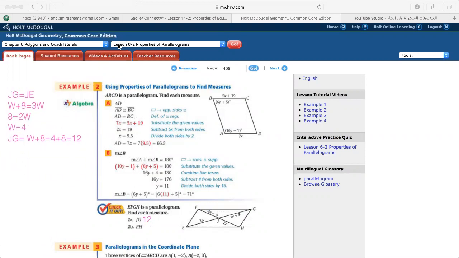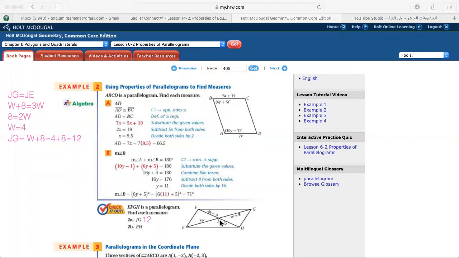What about 2B? I want to get FH, the whole diagonal. How will I get the whole diagonal? I will get first half of it, then I'm going to double it.